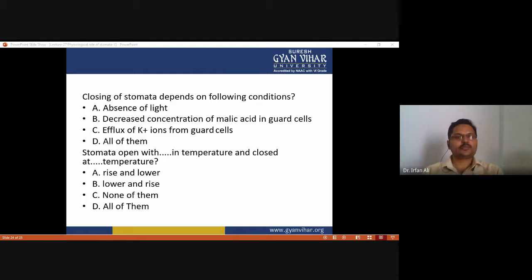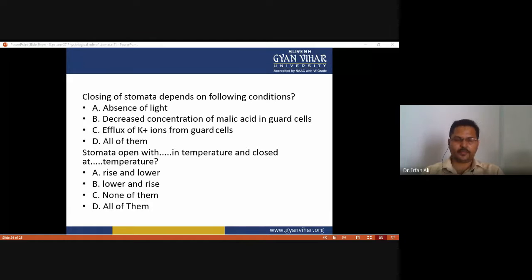Okay, all of them. Now, stomata open with a rise in temperature and close at lower temperature. Which of the following is correct? Jyoti? Yes, sir.